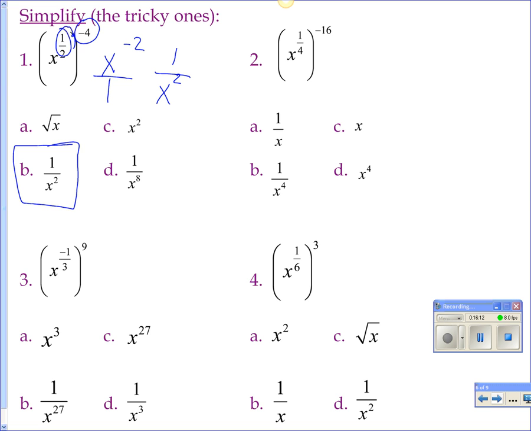Number 2. Faith, what am I going to do with 1/4 and -16? Multiply them. Elijah, what does it give you when you multiply those? Oh, guys, on your paper for number 1, the answer is C. (1/4) times -16.